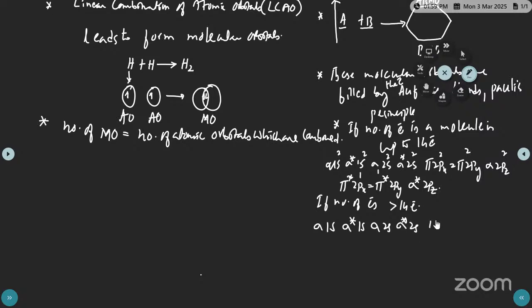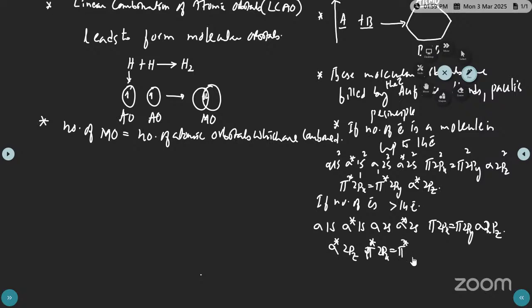So pi 2px is equal to pi 2py and sigma 2pz, and here the energy order changes like this, with sigma star and pi star 2py.